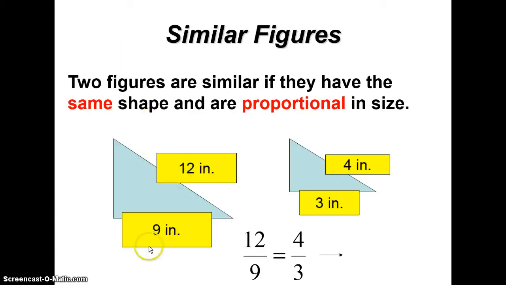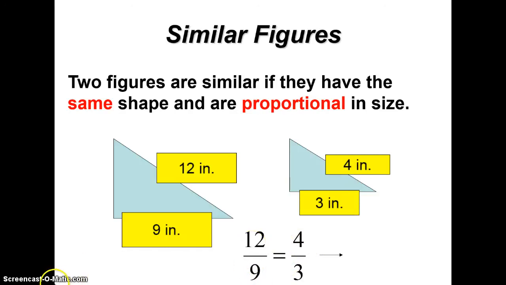So in other words, 12 is to 9 in the large triangle. There's our ratio. As 4 is to 3 in the smaller triangle. And notice the length that is 12 inches corresponds to the length that is 4 inches. The length that is 9 inches corresponds to the length that is 3 inches.